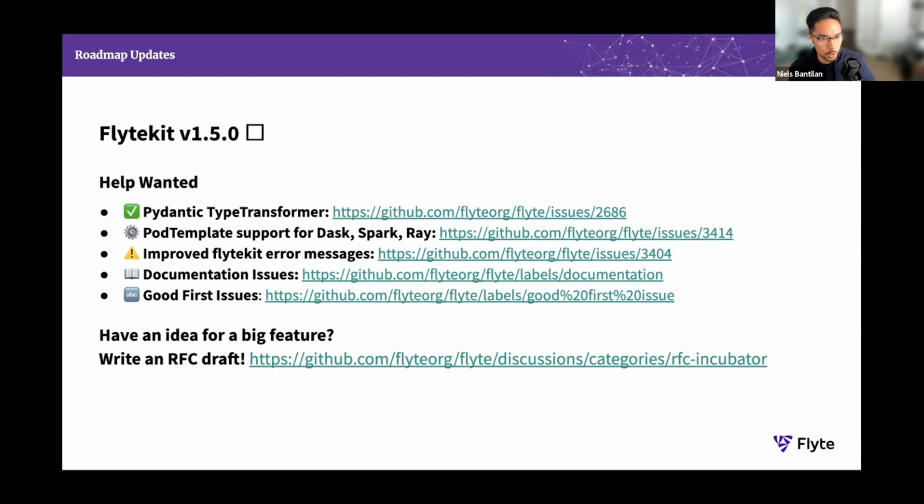The last two are general help wanted items around documentation and good first issues. We will do a little work to clean these up and maybe prioritize them, but if there are any of these buckets you would like to tackle, we would very much appreciate that.